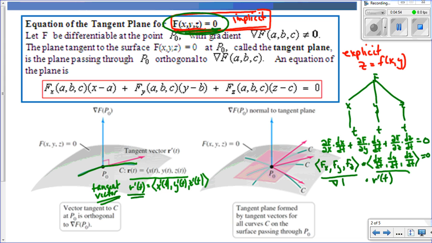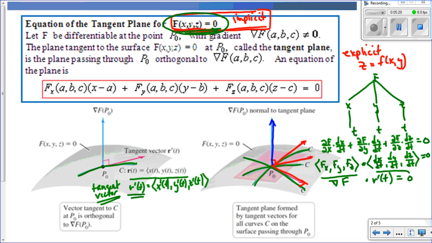Now I can choose any curve on that surface. I could have a curve going this way, going this way, going this way. Any curve on that surface that goes through the point P naught has a tangent vector that's orthogonal to the gradient. So each one of these tangent vectors is orthogonal to the gradient. Now look at the plane that contains all of those tangent vectors.